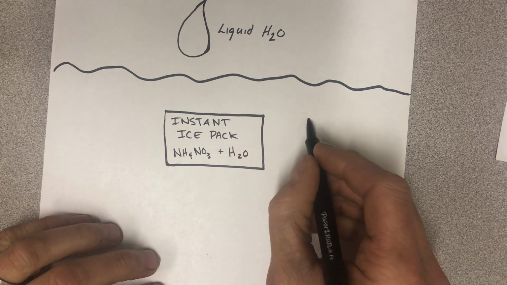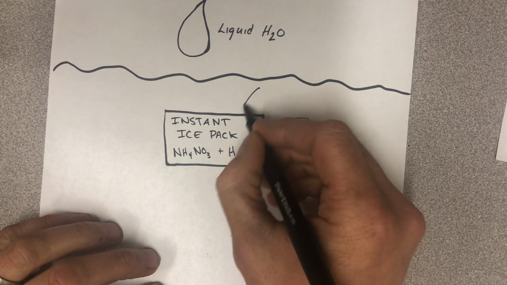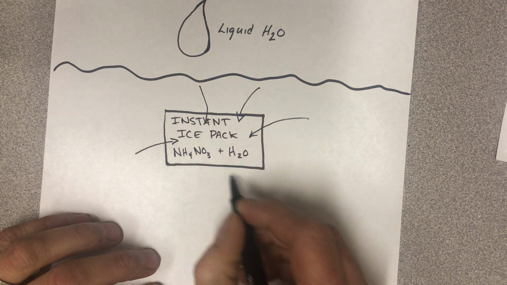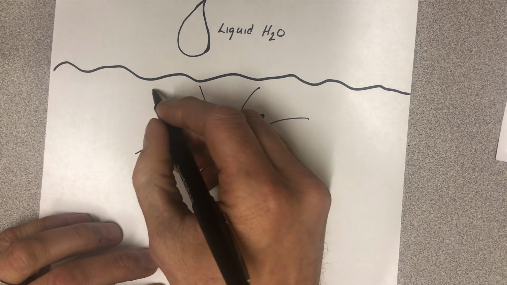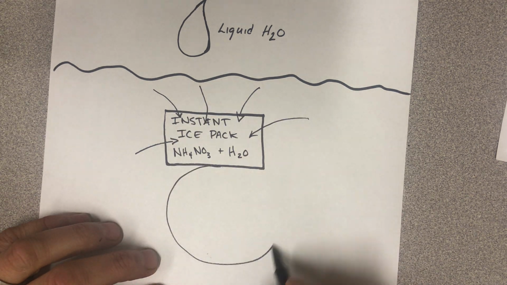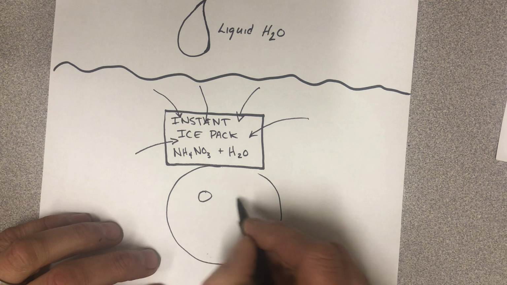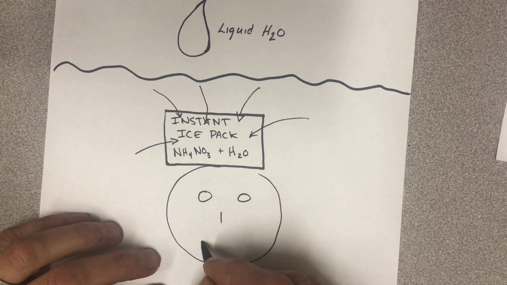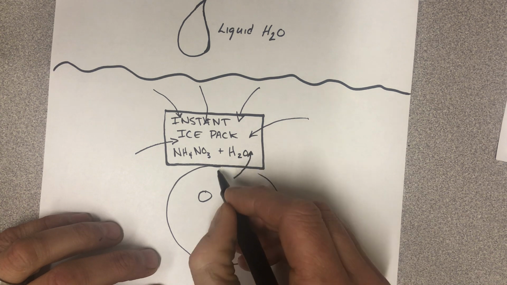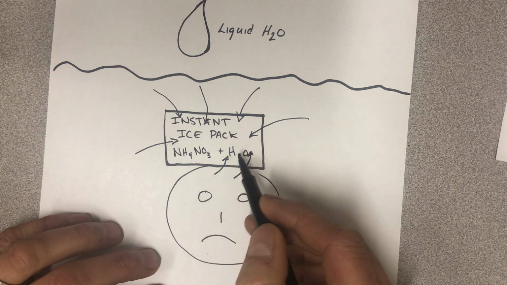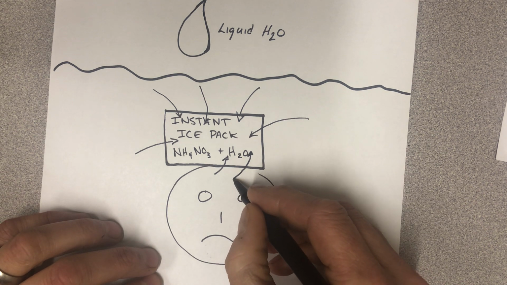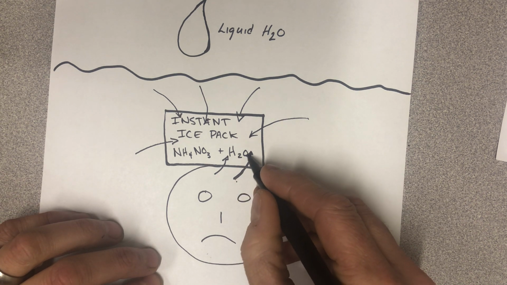And that actually draws heat energy from the surroundings into this system of the ice pack, and it'll bring heat in from everywhere around it, including, if you've bonked your head really bad, your head. So this heat energy from your head goes into this instant ice pack, and your head loses heat energy, so it cools down, which is why it feels cold.